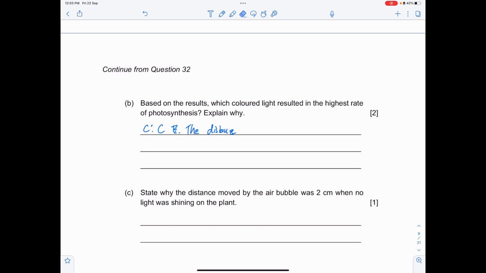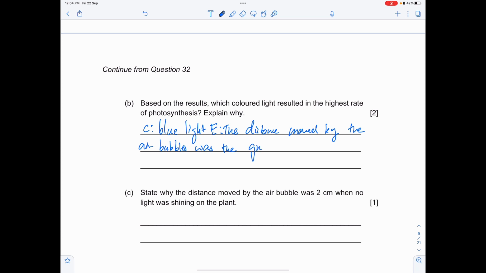Okay, sorry, blue light. My apologies. Okay, C should be blue light, as explained earlier. And the evidence would be the distance moved by the air bubble was the greatest.